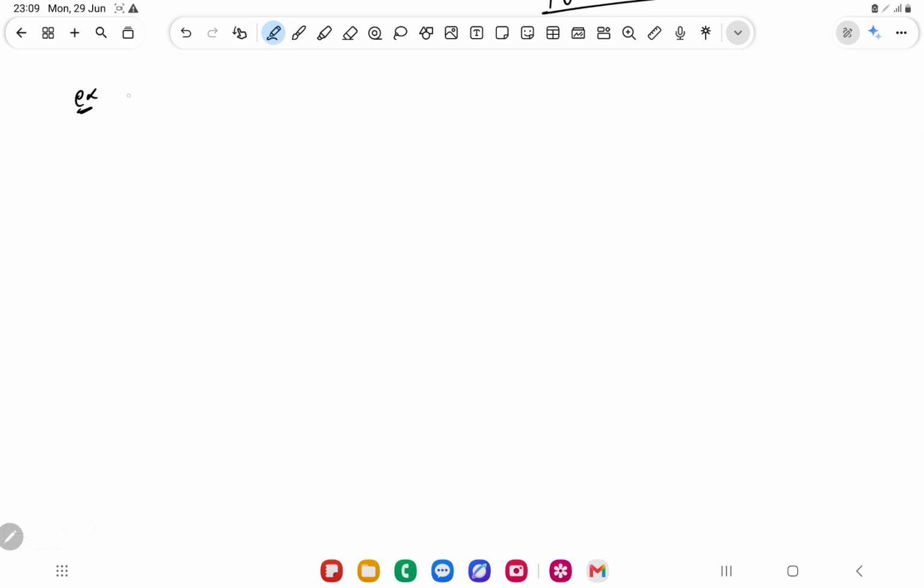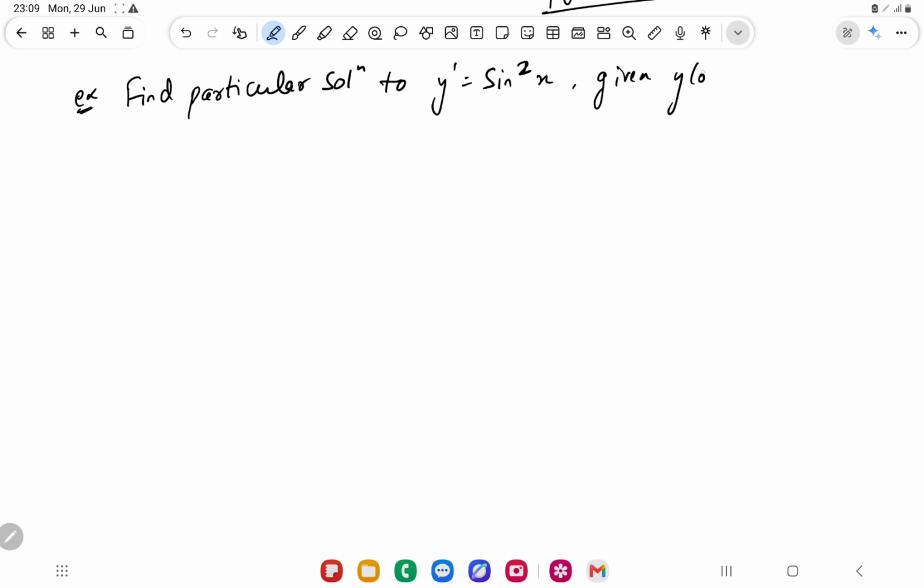Now let's take another example where we have to find the particular solution to the differential equation y dash is equals to sine square x, and what is given to me is y(0) is equals to half. So let's understand how to solve this.